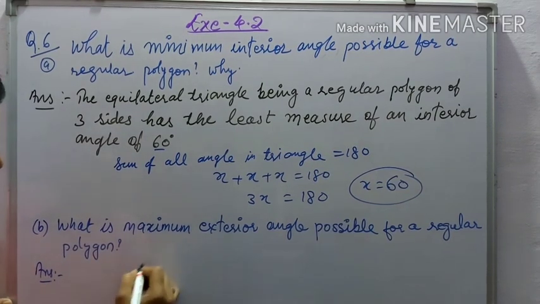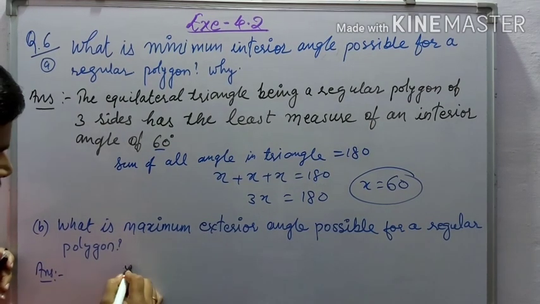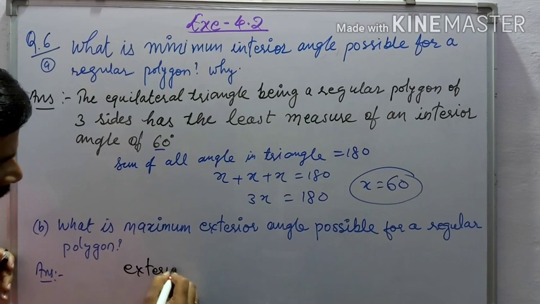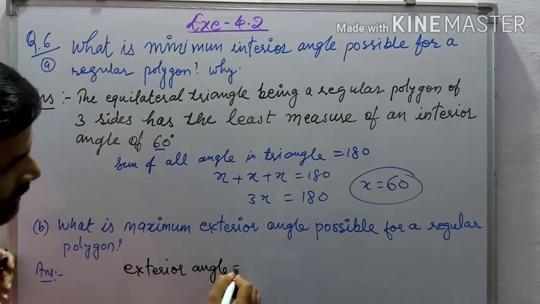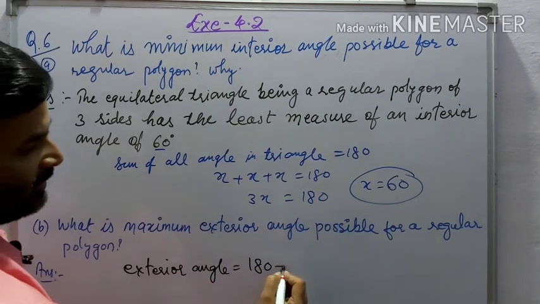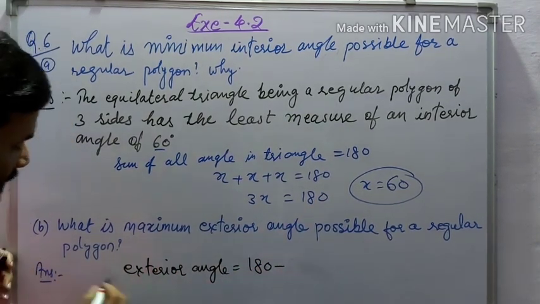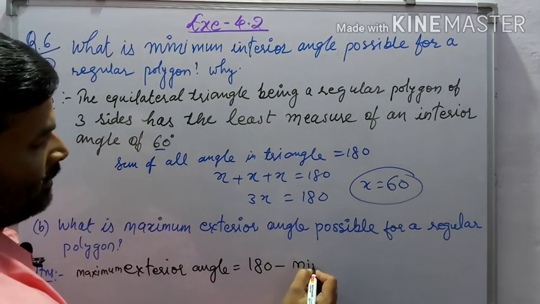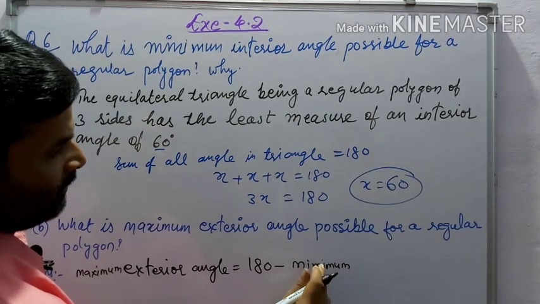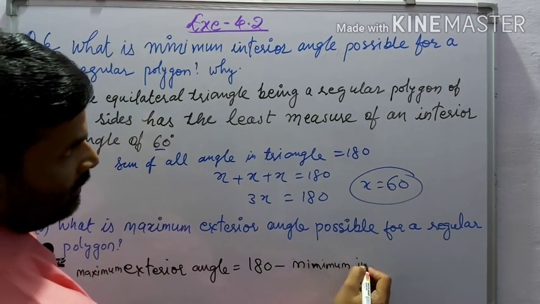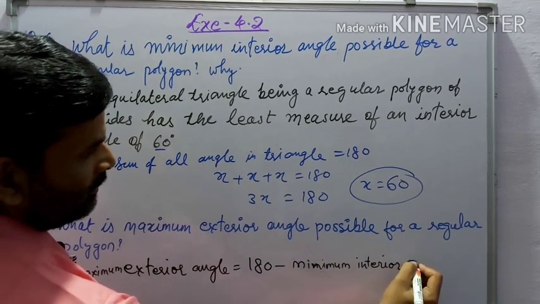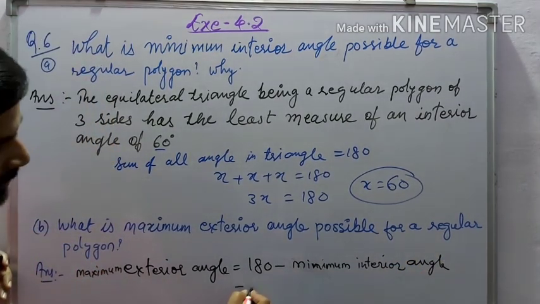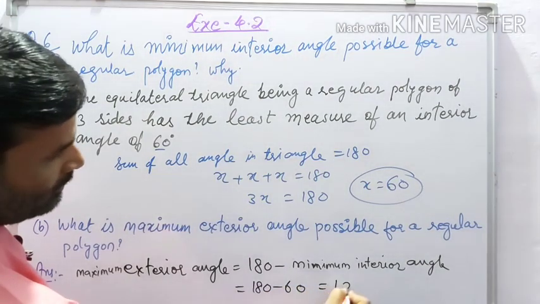So the maximum exterior angle is equal to 180 minus the minimum interior angle, which is 60. So 180 minus 60 is equal to 120.